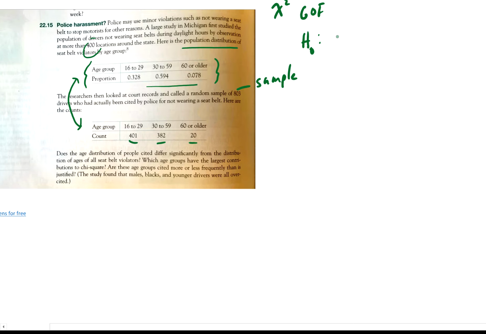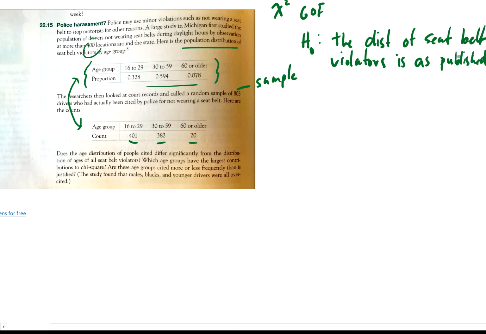So H0 would be the distribution of seatbelt violators is, I'll say, as published or in agreement with the population distribution.